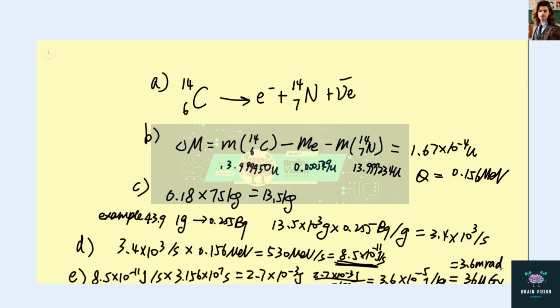And then because RBE for X-ray is 1, the equivalent dose is also 3.6 mrem, and this is equal to 36 micro Sv. All of these are equivalent units because RBE is 1 for humans.